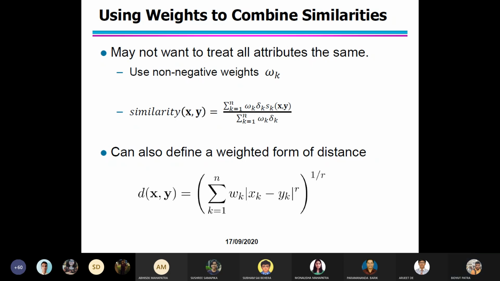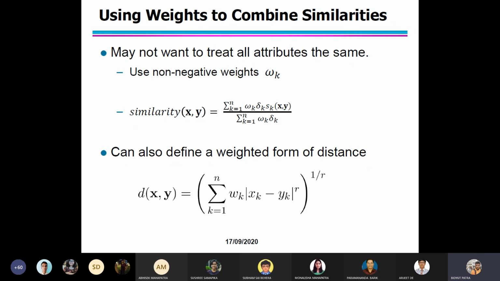Another way to find the distance measure: while computing distance measures, let's say Euclidean distance or Minkowski's distance, we use this formula. But unfortunately or fortunately, this w_k was not there. What is w_k? It is the same as here: w_k is the weight we are giving to particular attributes.